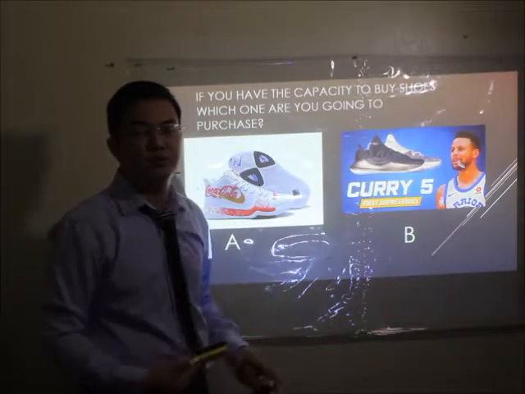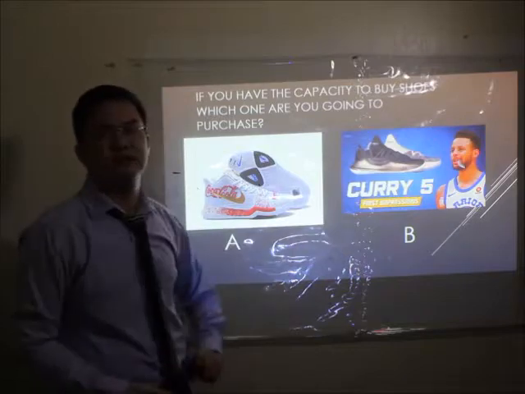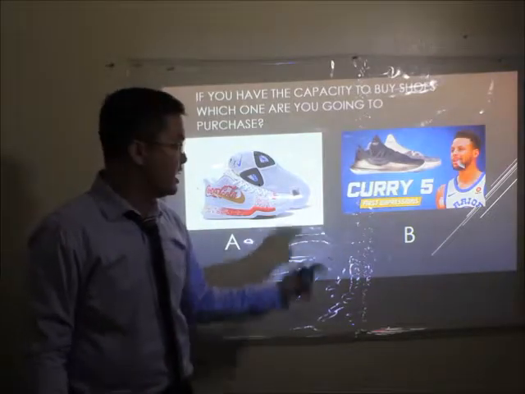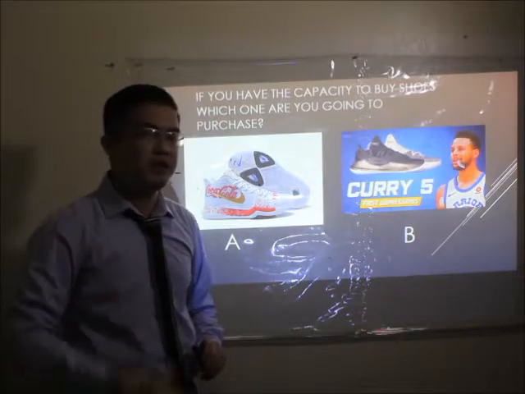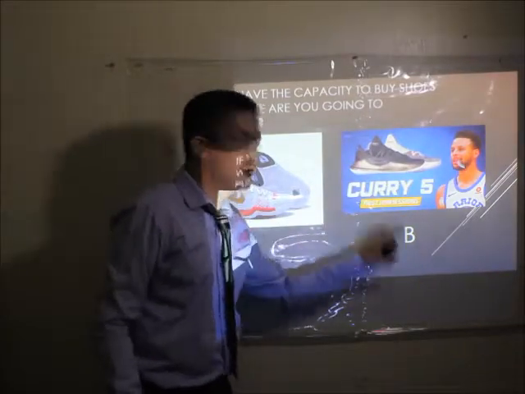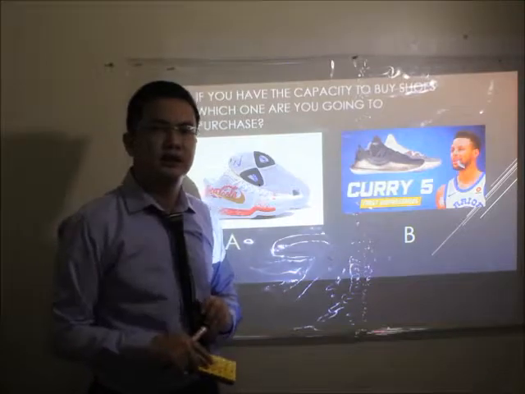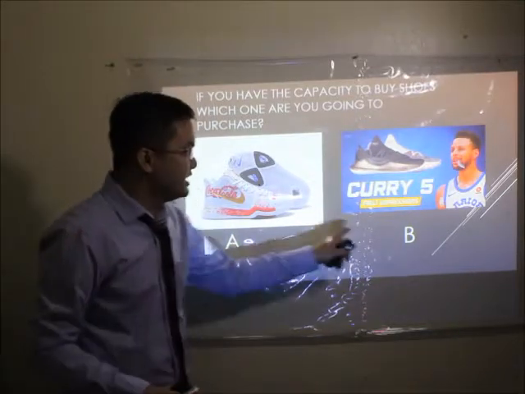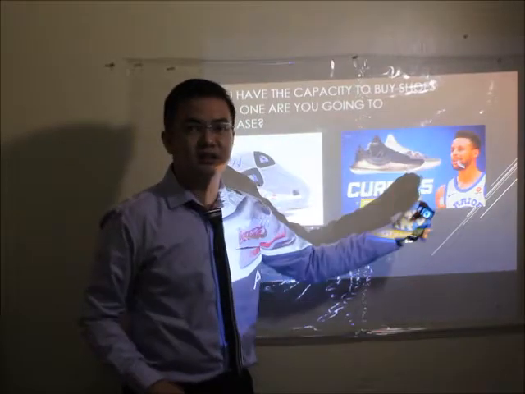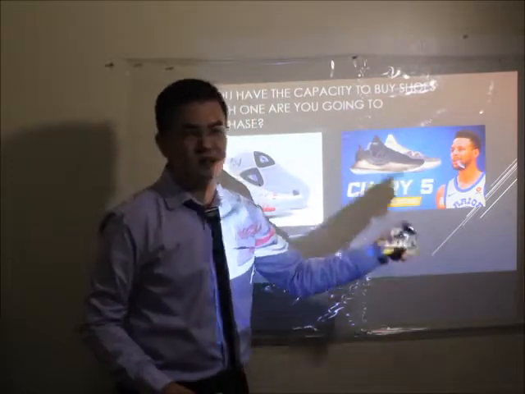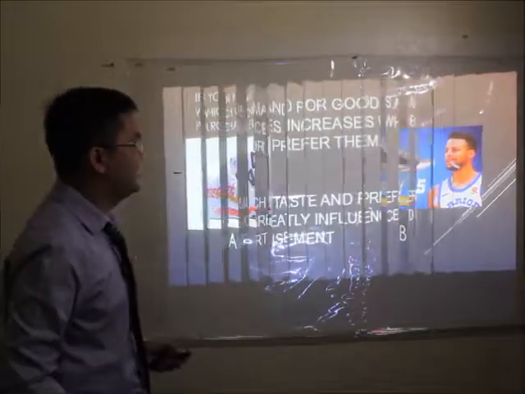The same price. Which one are you going to purchase? Letter A or letter B? We have the same idea. We're going to purchase letter B. Why? Very good. It's just because it is endorsed by the famous basketball player, which is, in this case, Stephen Curry.